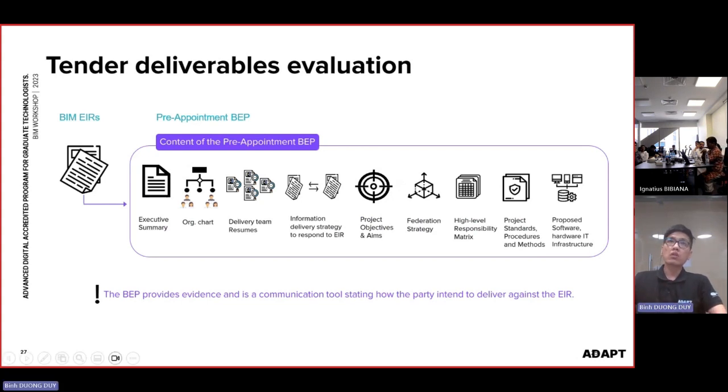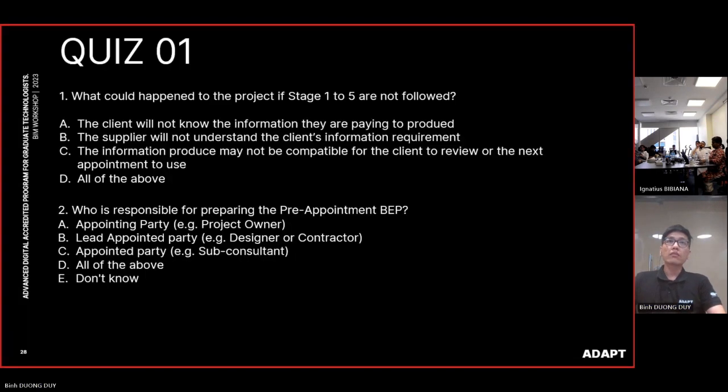We also showcase what kind of standards we are following, and whether our organization has all the standards or not. Just remember the BIM framework I mentioned earlier, right? Every organization should have their own standards or templates. The last one will be the IT infrastructure. We try to tell the client what kind of IT solution we are using.